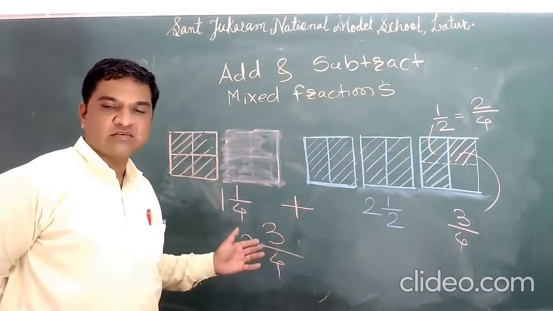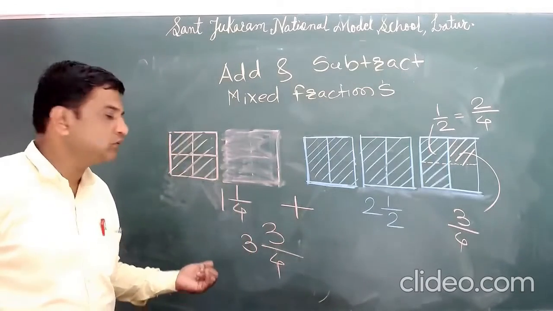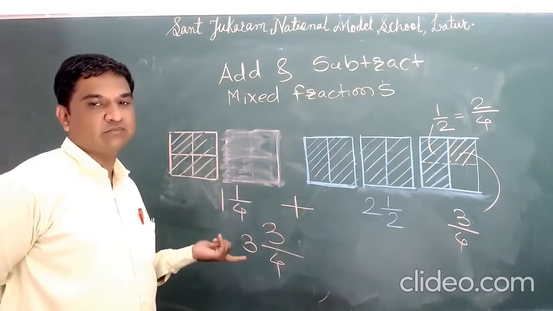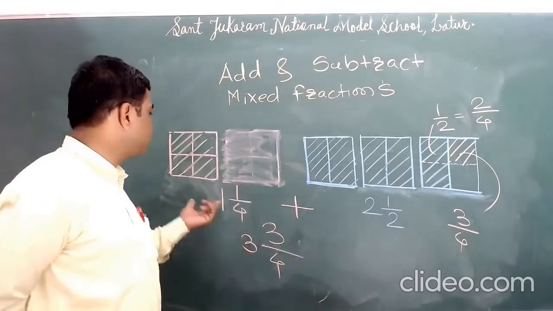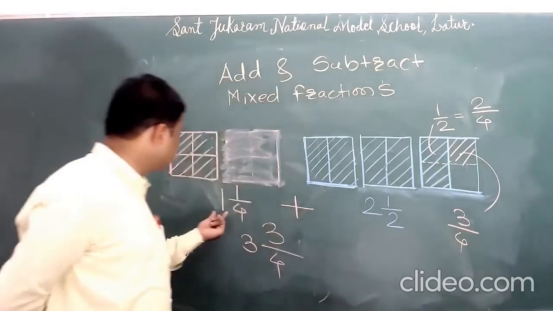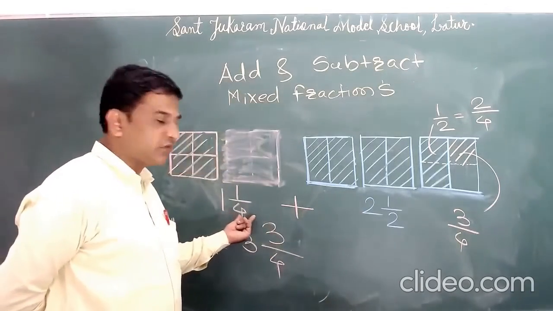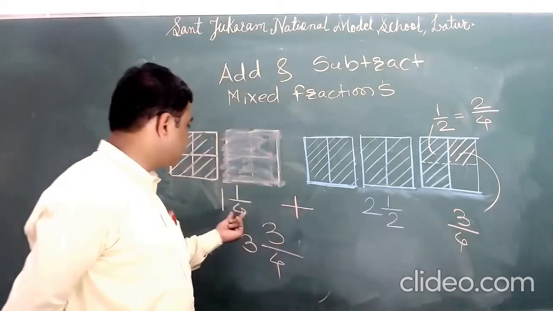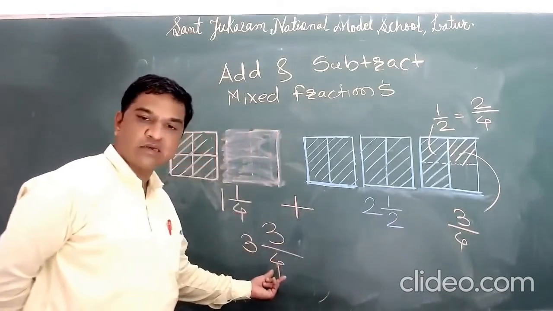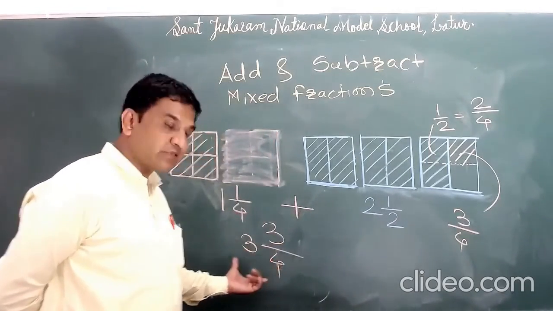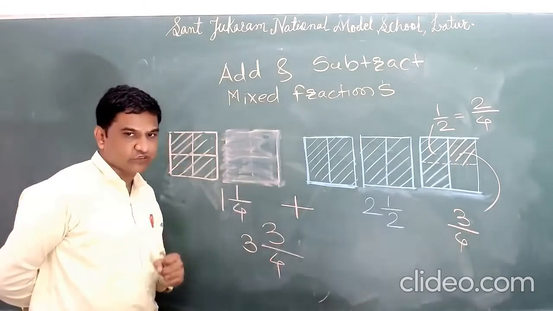So the addition of mixed fractions using the graphical method is a very easy method, in which we add the whole parts of the fractions, and then we add separately the fraction parts of the mixed fractions, and we get the addition as a mixed fraction.